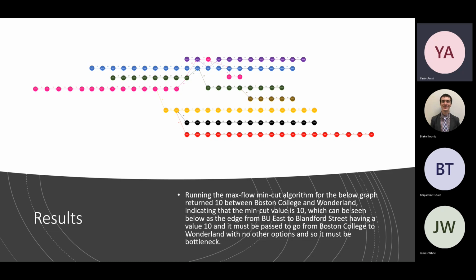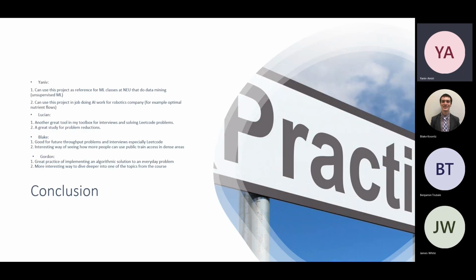Essentially, the min cut value on that system is 10, and you can see that because between BU East and Blandford Street there is a value of 10, and there's no way to avoid that in the path between Boston College and Wonderland. So that's the bottleneck of our system. That indeed is the smallest value edge in the path from Boston College to Wonderland, and so we know that we have found the correct max flow for the Boston MBTA system here.